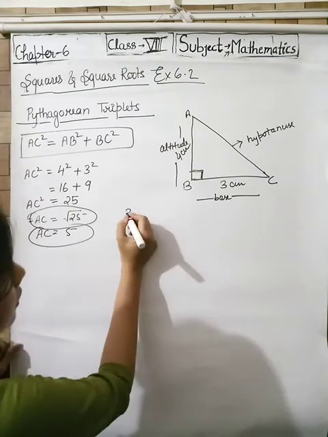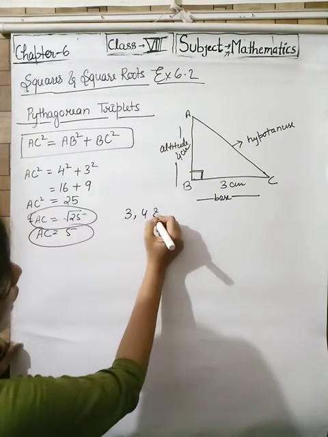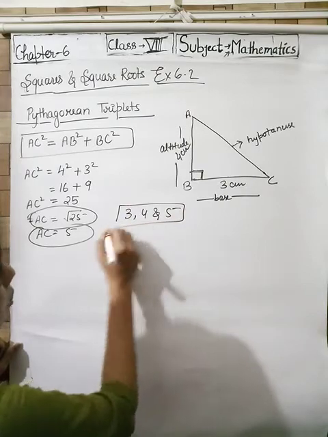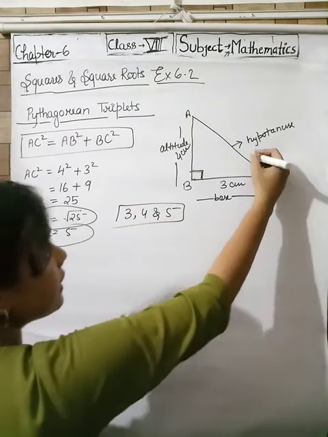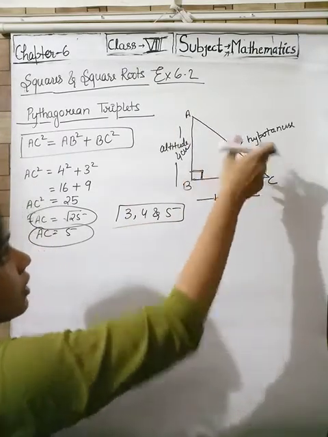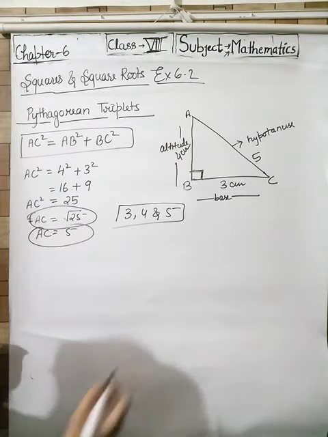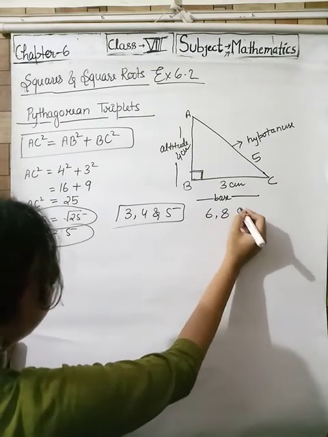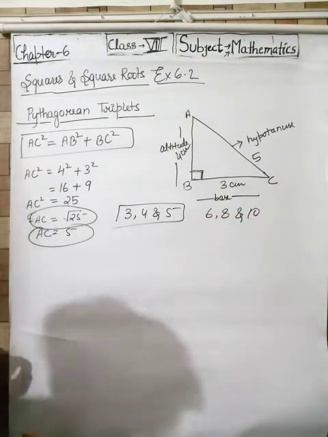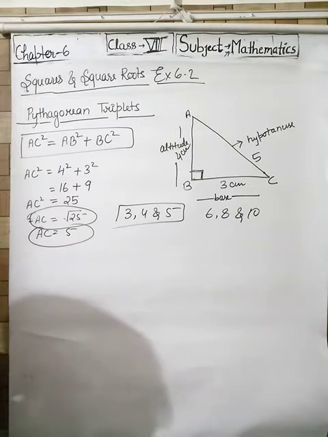So here 3, 4 and 5 are a Pythagorean triplet because they indicate the sides of a right angle triangle. In the same way, the next Pythagorean triplet can be 6, 8 and 10. And how do we indicate it in general?